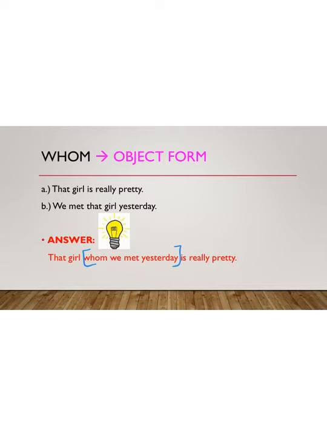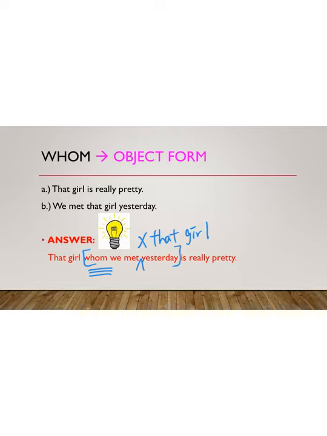Okay, so this is the relative clause, whom we met yesterday. And then we have already mentioned that girl here, and that's why we don't have to write that girl here anymore. So please pay attention to this point.